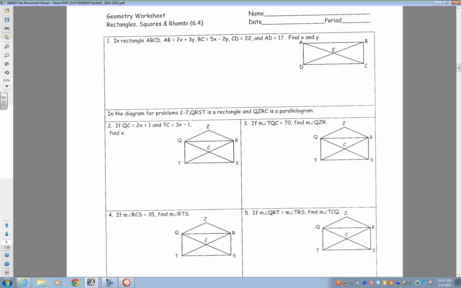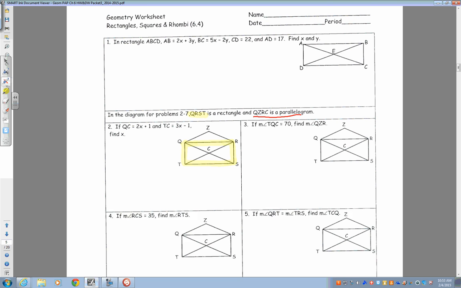All right, so let's look at number 2. Now, it tells us that for problems 2 through 7, QRST is the rectangle. And I'm just going to highlight that part, because you're going to have 2 shapes. So here's your rectangle. And then QZRC is a parallelogram. So here would be a parallelogram.